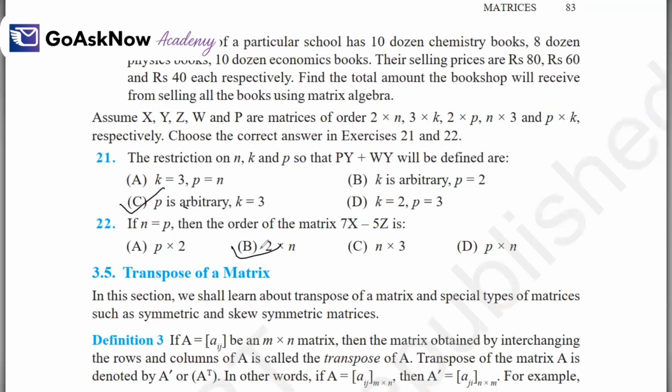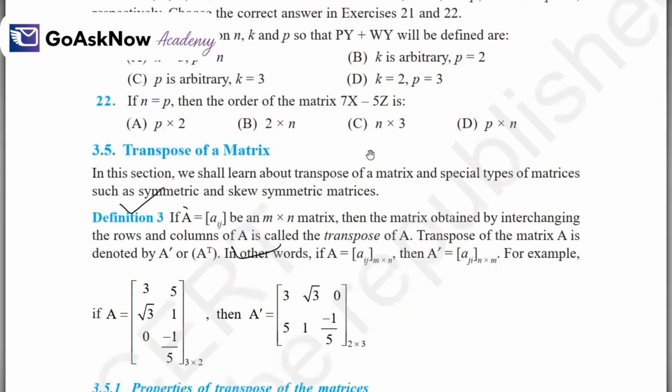So you will get the transpose of A. The transpose of the matrix A is denoted by A dash. If A is your original matrix, then A dash will be the transpose of the matrix. Or you can represent it by A transpose also, A T.